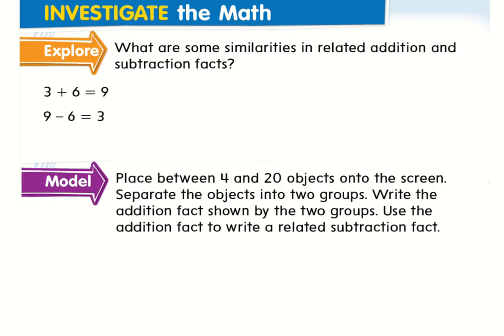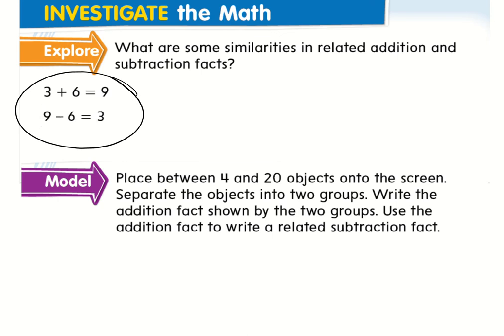So what we're going to see is we have some similarities to related addition and subtraction facts. I want you guys to take a look at this problem right here. As you can see, I've got a 3, a 6, and a 9 right at the top. This is addition, so that means we're starting with two smaller numbers to get one bigger number. If you take a look down here at the bottom part with the subtraction problem, we have 3, 6, and 9 again.